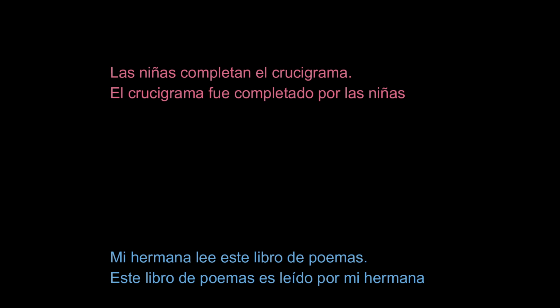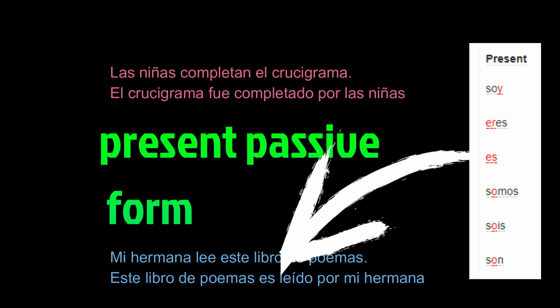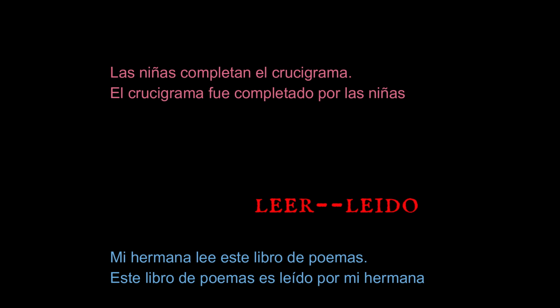And in this example, este libro de poemas es leído, it is in the present passive tense. So again, it is the verb ser in the third person singular, followed by the past participle leído, which comes from the infinitive leer.